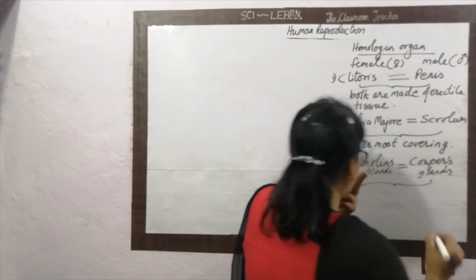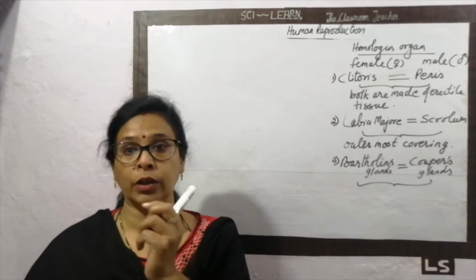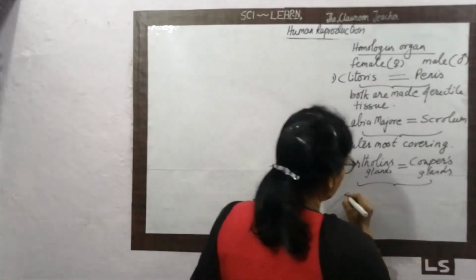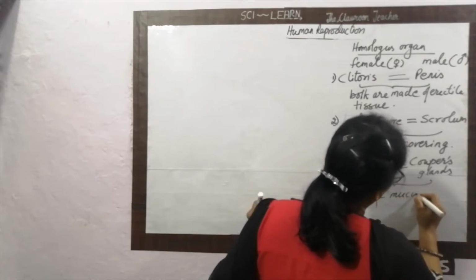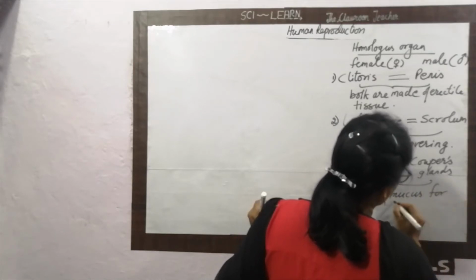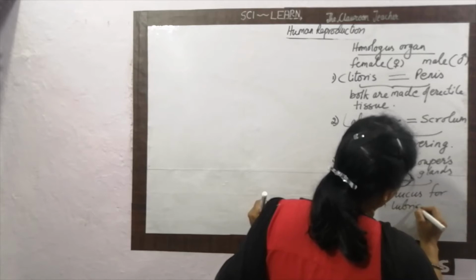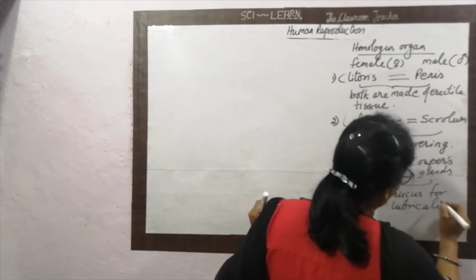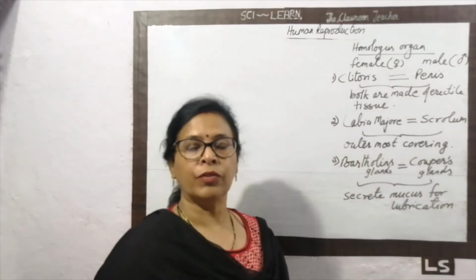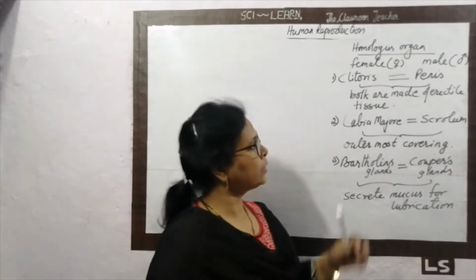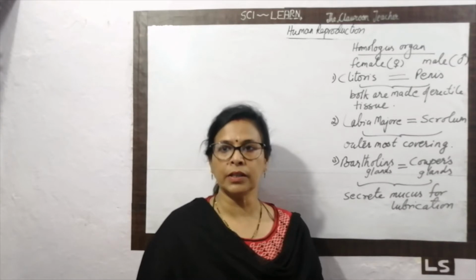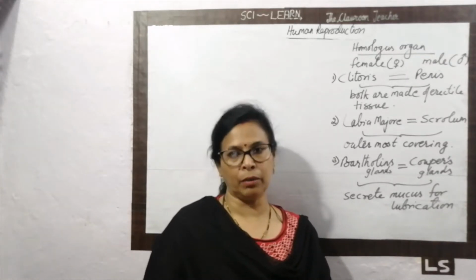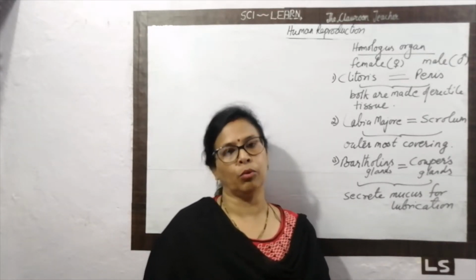These are common because they secrete mucus for lubrication. Both are called bulbovestibular glands. So these are the three homologous organs present in both the male body and the female body.